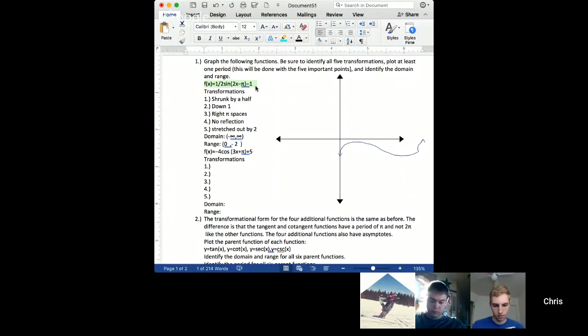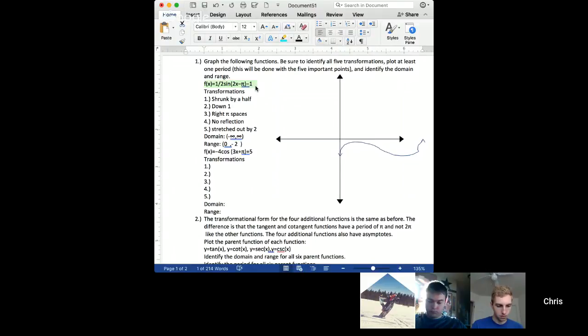What is the problem? That's funky. So the range on this one is just kind of like the high point and a low point?